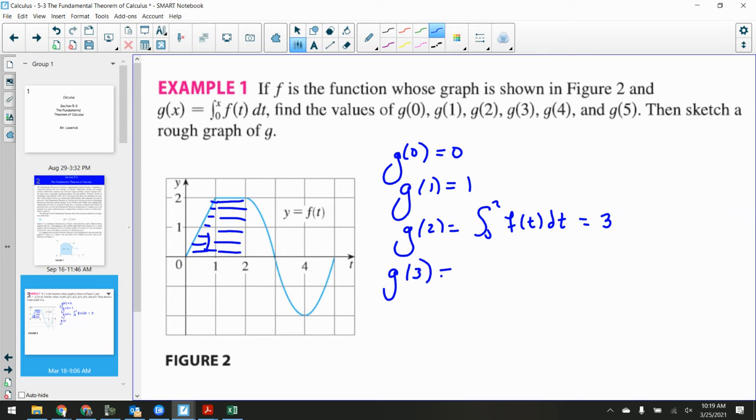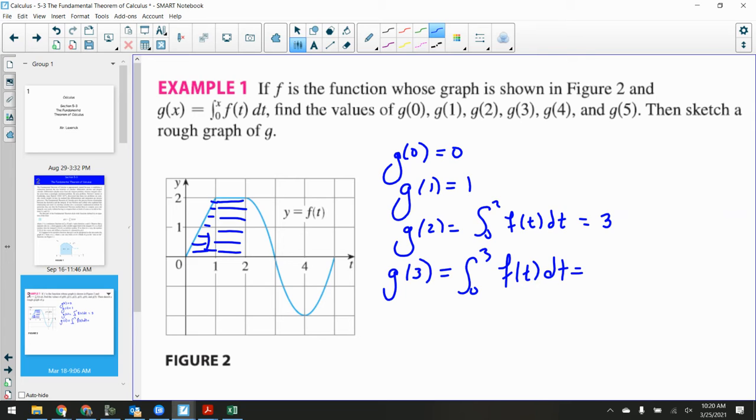So g of 3 is going to turn into the integral from 0 to 3 of f of t dt. All right, well, let's add on some boxes. Now, this is kind of a tricky part here because it looks like it's going to curve, so we kind of have to estimate it a little bit. If this was going straight down, it would have been another 1, right?